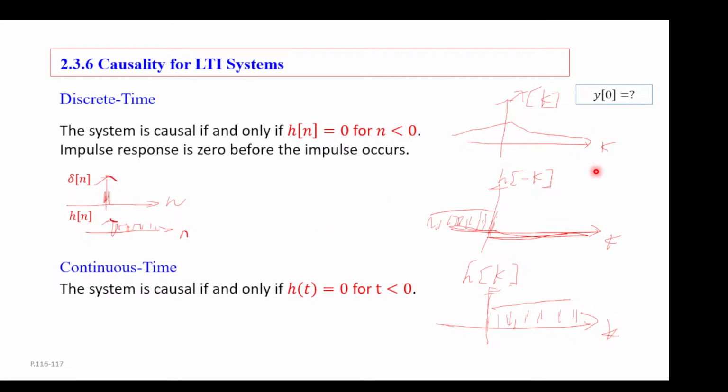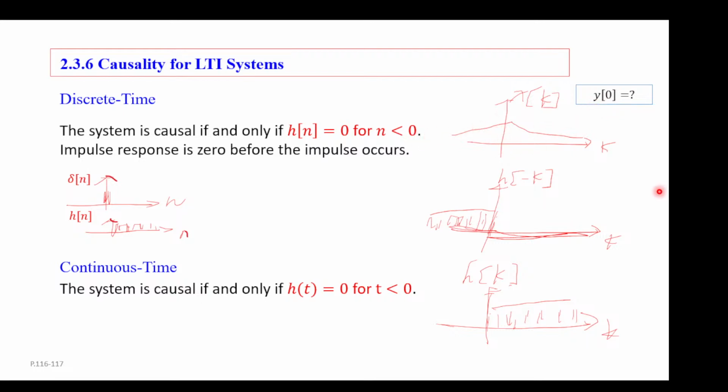And you can derive this by thinking about y of 0 once again. If the system is causal, then the output at time 0 should not depend on input at time less than 0.